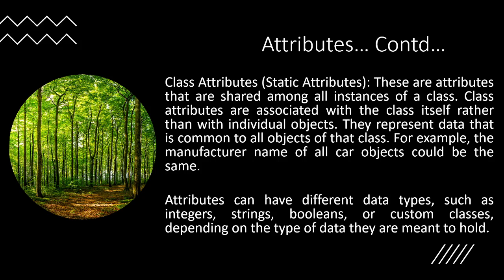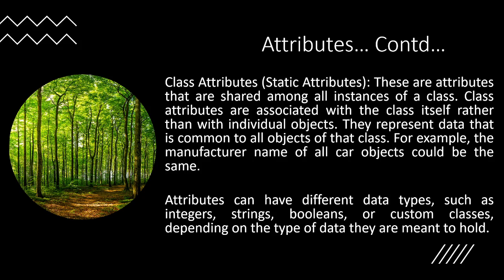These are attributes that are shared among all instances of a class. Like I said, all the cars would be having four wheels. So that is common to every car.